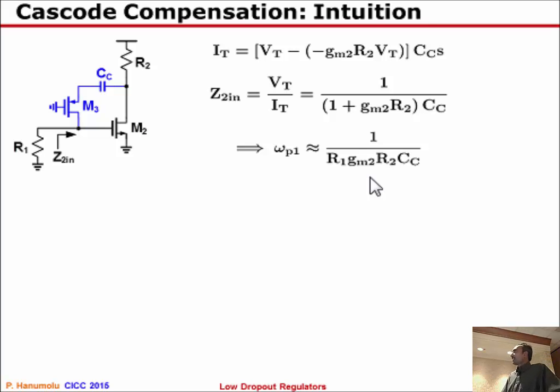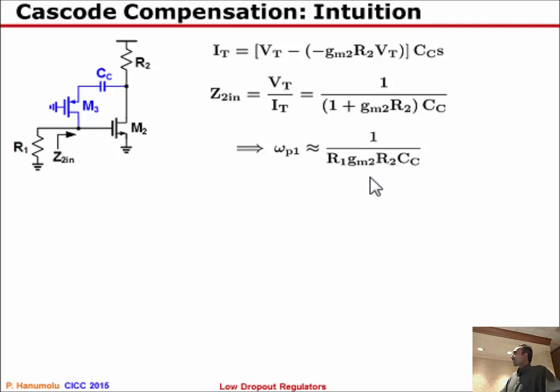So the current drawn is essentially whatever is the current flowing in this path, which is VT minus the voltage here, which is VT times negative Gm2 R2, right? That is this term. And if Gm3 is very, very large, then I can just ignore the impedance between this point and that point. If Gm3 is not very large, then you can include it, and this becomes slightly messy, but if 1 over Gm3 is very small, then I'll assume that this thing is shorted there. So I got this IT.